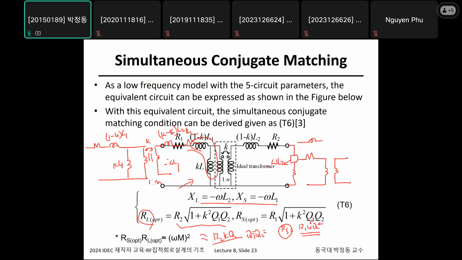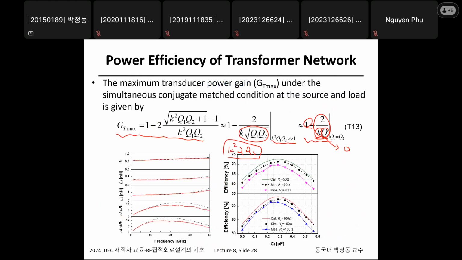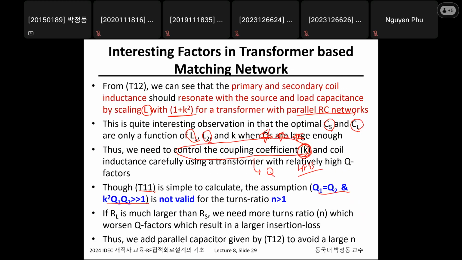Make sense? So also, if RL is much larger than RS, then we need a larger turns ratio N. We need to add a parallel capacitor, right? That's what I mentioned.